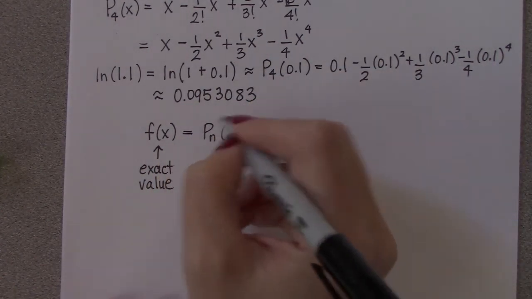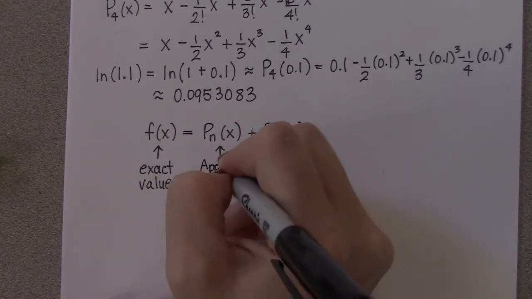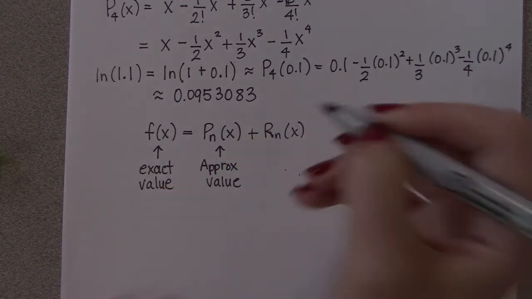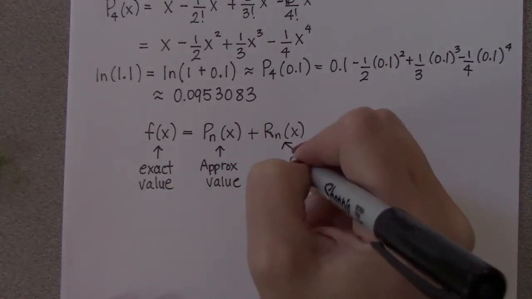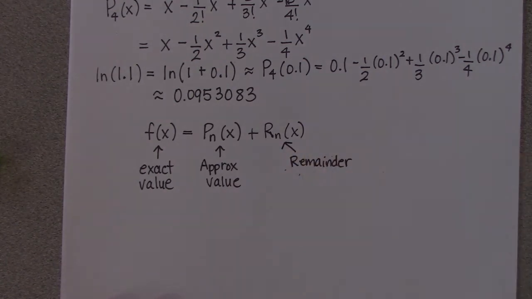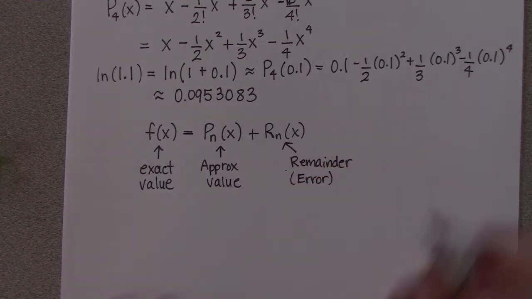P of x, if we just pick a finite n and use that, that's the approximate value of the function. And this is the remainder of what we're missing. So the remainder is also sometimes referred to as the error. It's how far off are we.